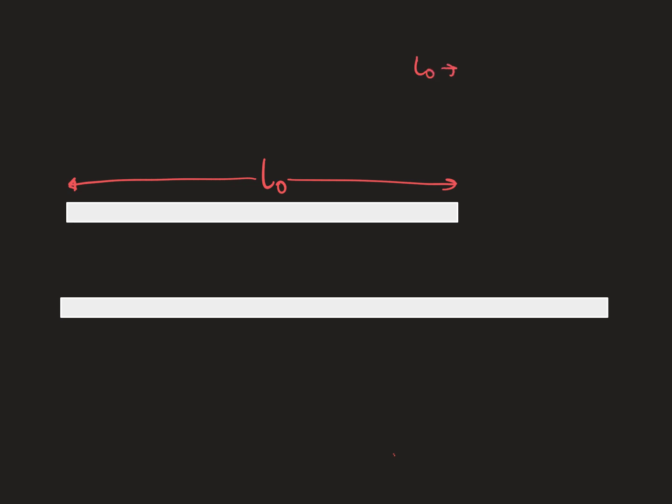L0 is the natural length, or some will call it the original length, or the unstretched length. That is, the elastic object has not yet been subjected to any force.